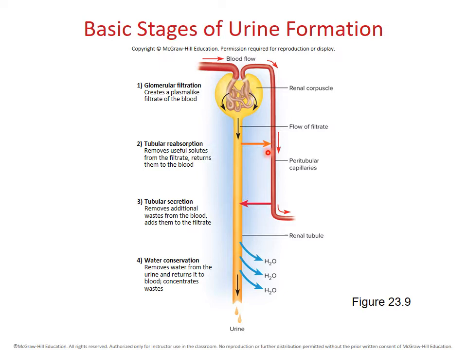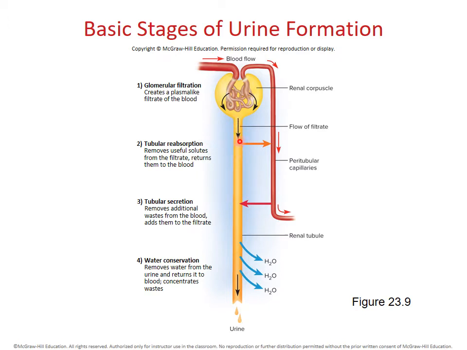And so as it turns out, and as we'll see, about 99% of what we filter actually gets reabsorbed back into the blood. But it's a very selective reabsorption, and so the 1% or so, it's actually a little less than 1%, that remains in the tubes is just the materials that we want to get rid of, the materials we want to excrete.